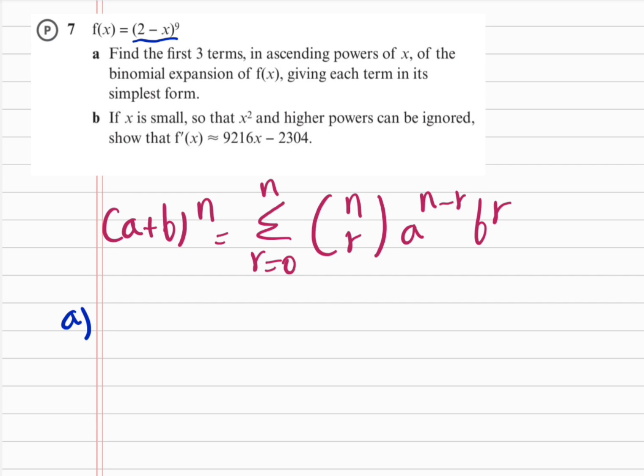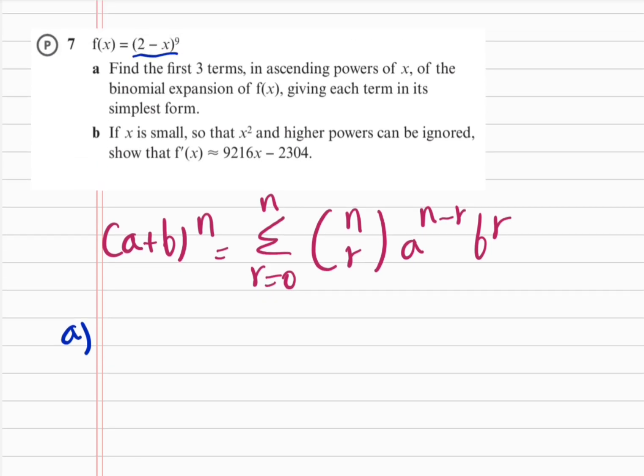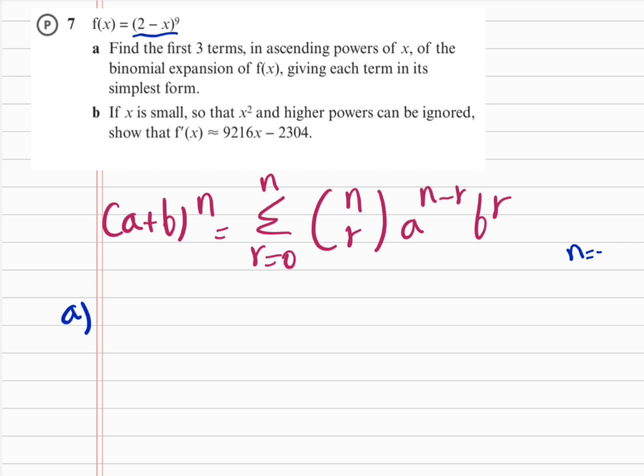Right, now we need the formula for the binomial expansion, which is of this form. In this case, remember that the value of n is equal to 9. So we can find the first three terms, because we don't need to find every single term.